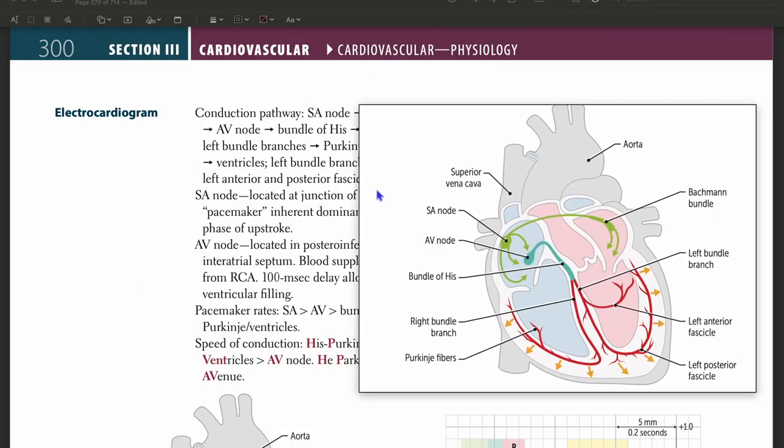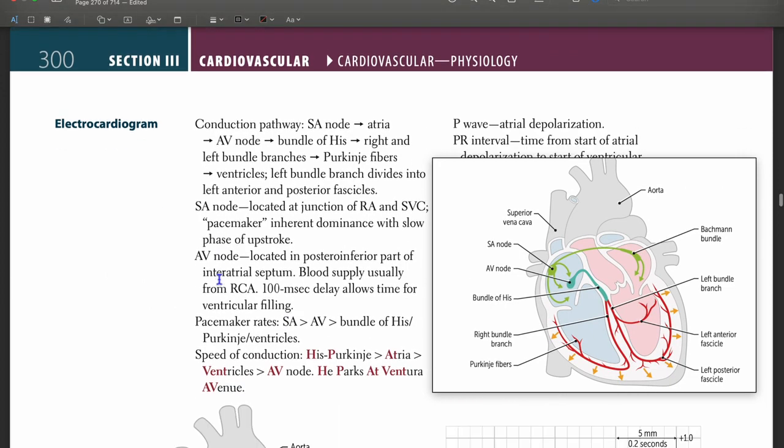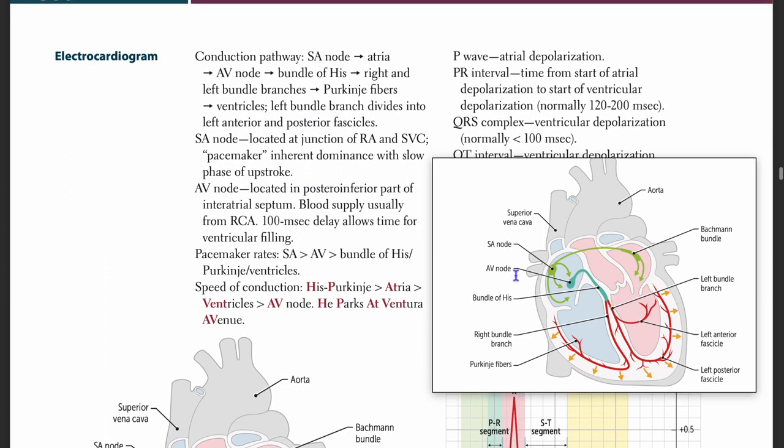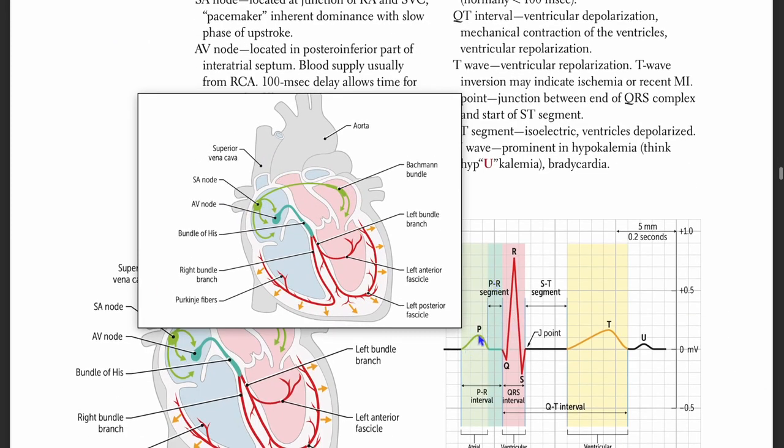So, the conduction pathway. The SA node is right there, and it goes to the atria over here. When it does that, you get this rise, and then this is the flat line.